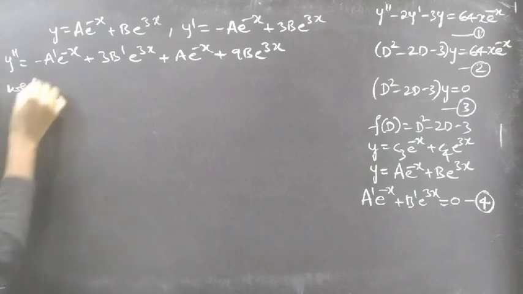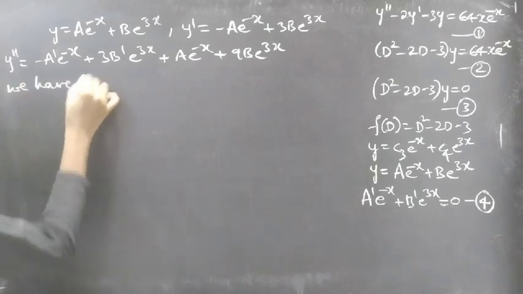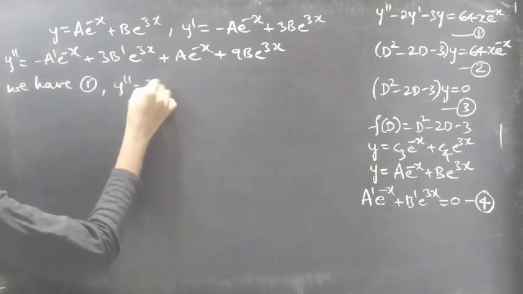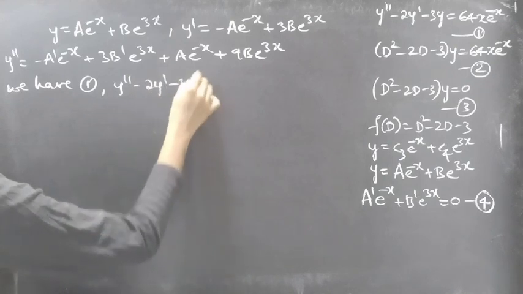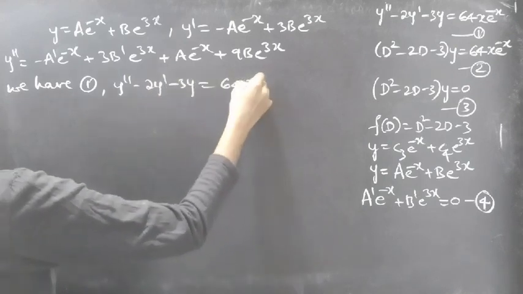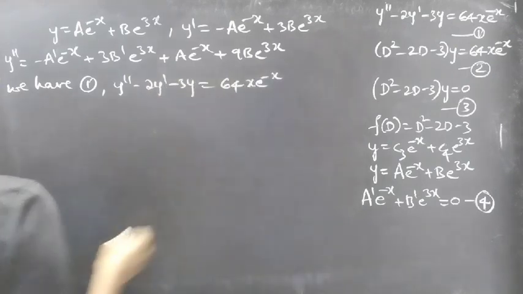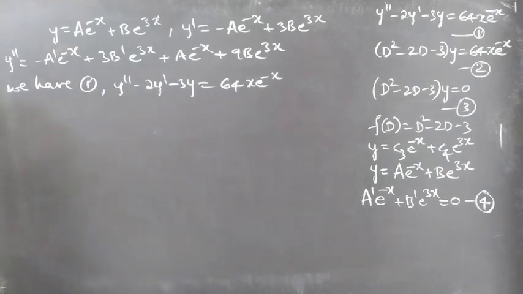We have equation 1: y'' minus 2y' minus 3y equal to 64x e^(-x), right? Let's now substitute y' and y'' in it.